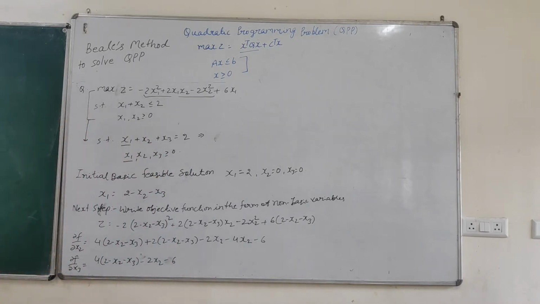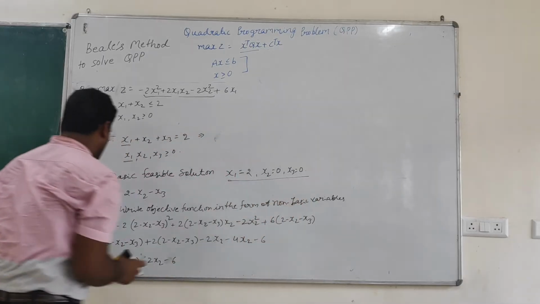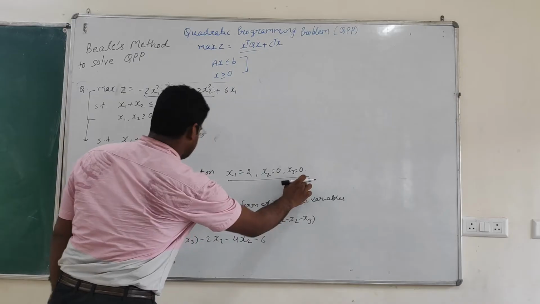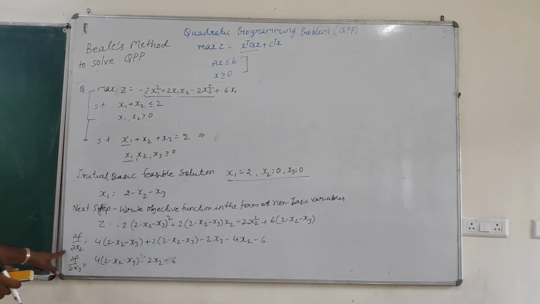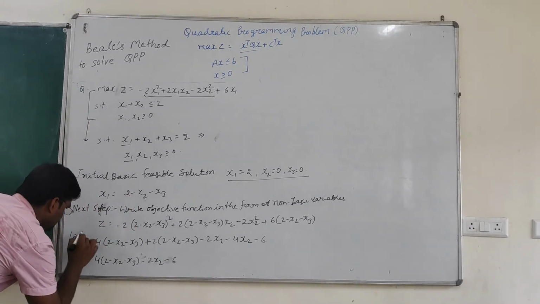Okay, so we will put the value of this point into these derivatives. The value of x2 is 0 and x3 is 0. So we will put x3 as 0 and x2 as 0 in both of these and we will see what we get.